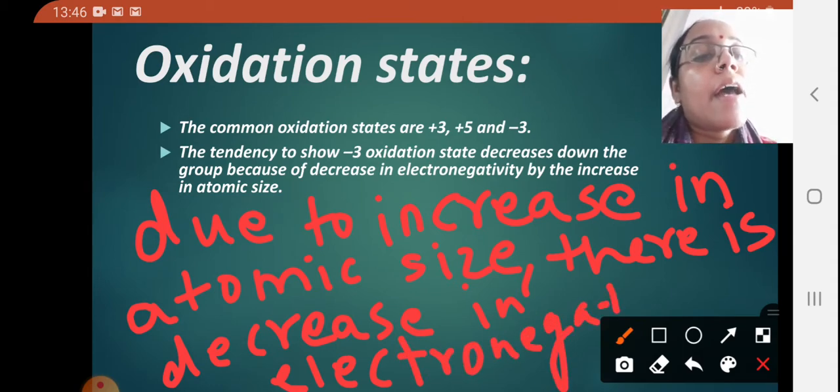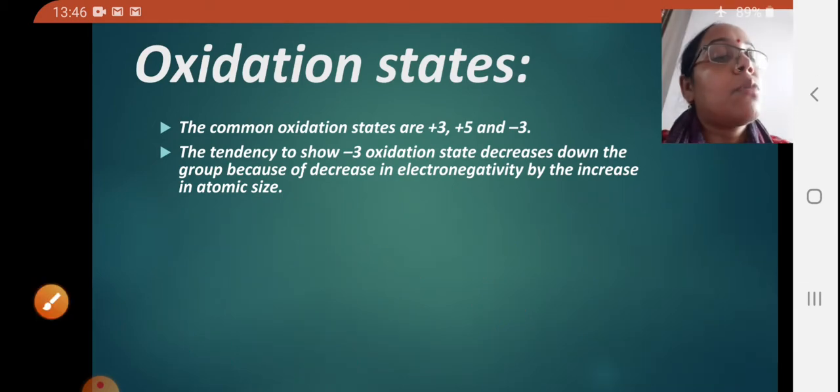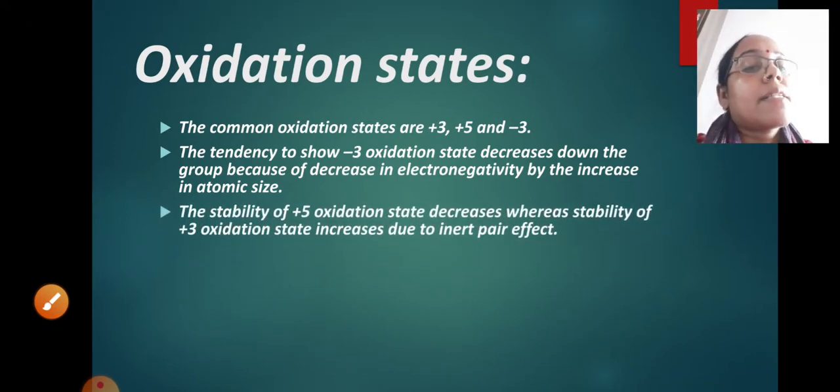And due to decrease in this electronegativity only, the tendency to show -3 oxidation state decreases from top to bottom. Now let us see the next point.